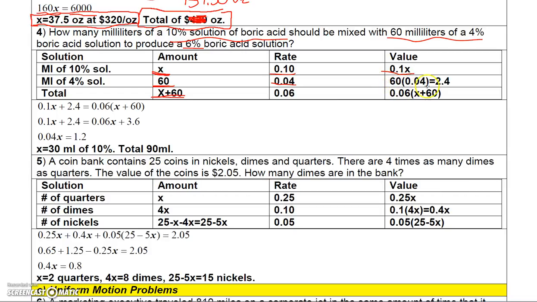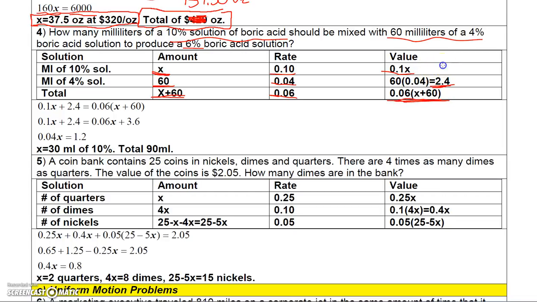Just multiply 60 by 0.04, and you get 2.4 milliliters of acid. And then your final solution needs to be 6%, so it should be 0.06 times the total amount of the solution. So 0.06 times X plus 60. This will be the acid content of the total solution.